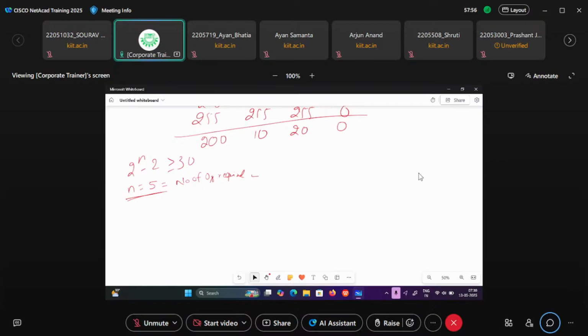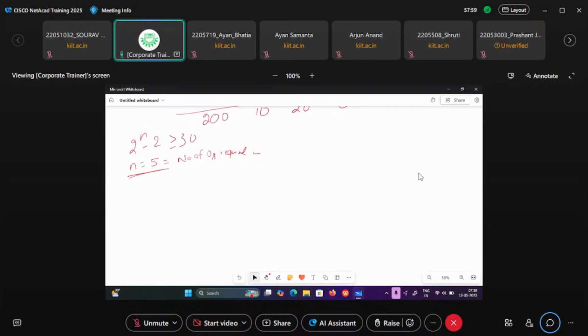So as usual, when the required host is 30, you go ahead with the particular subnet mask for that network.